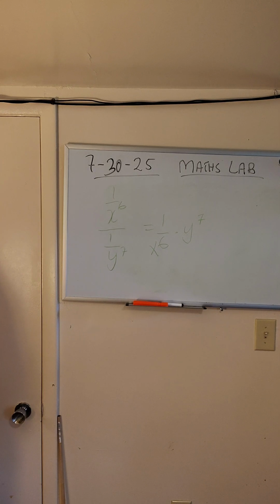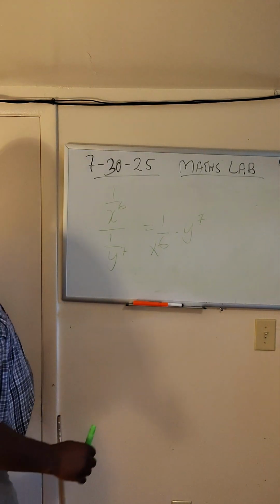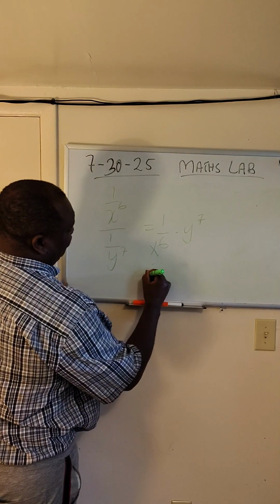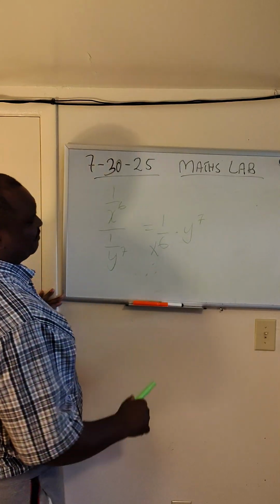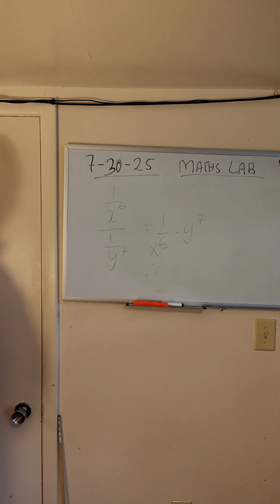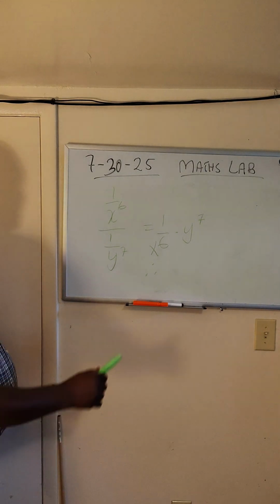And now when we do that, then what do we have? We're going to have x, and there's a little change going on. We're going to have a negative sign there somewhere. Take note of the change that is about to happen. We're going to have x raised to the power of negative 6.